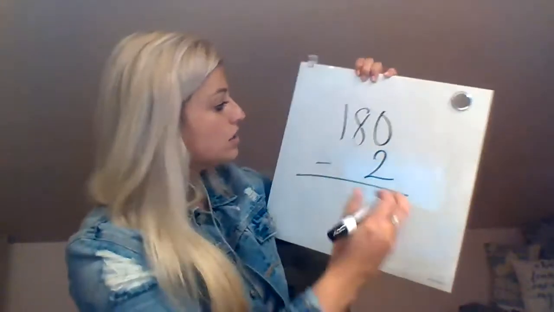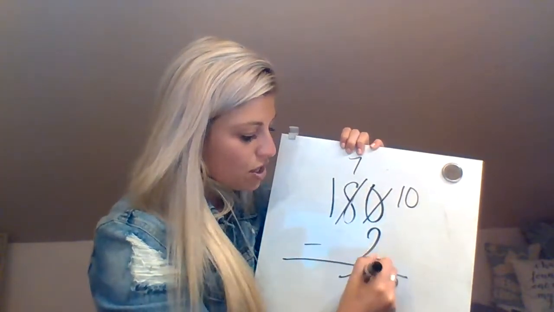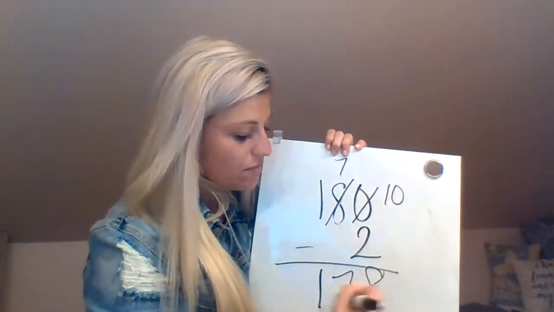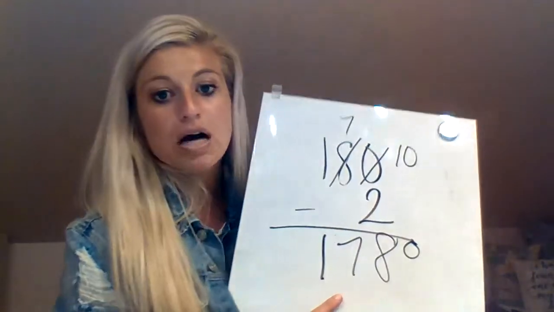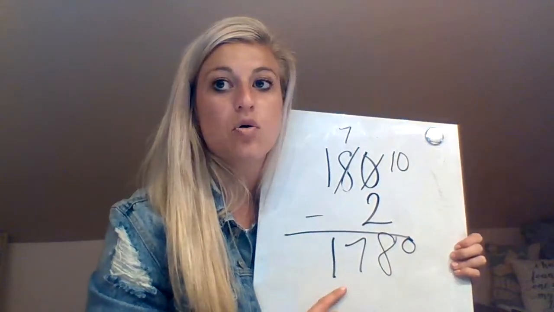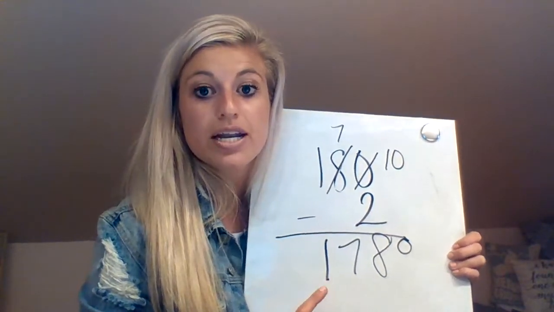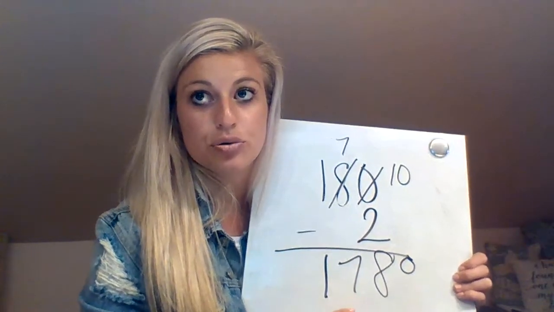I can't do 0 minus 2, so the 0 becomes a 10. 10 minus 2 is 8. I borrowed, so that becomes a 7. Bring down my 1. The greatest possible obtuse angle in this equation would be 178 degrees. Okay?